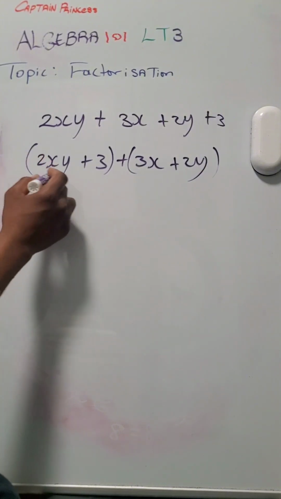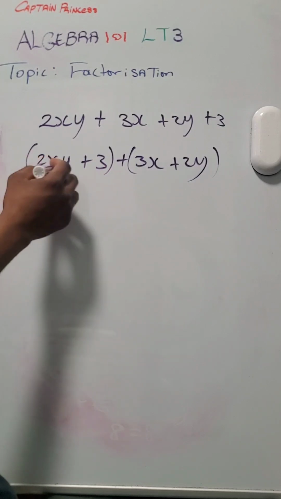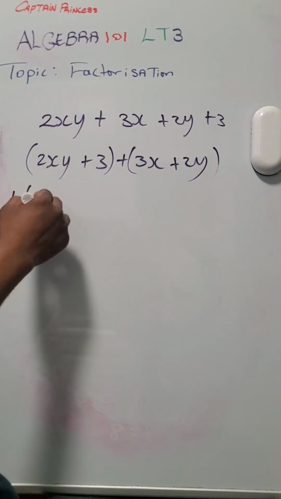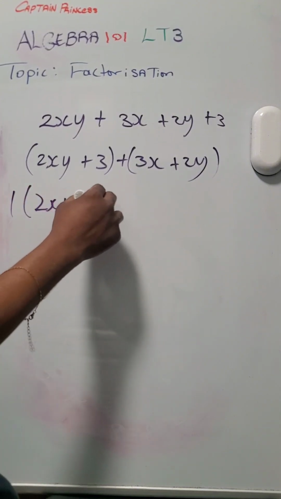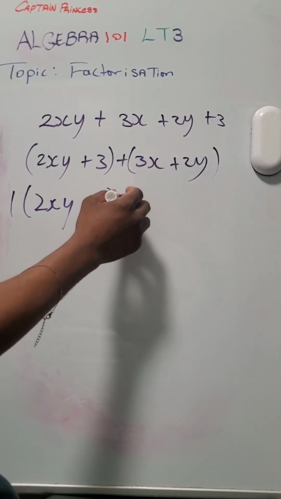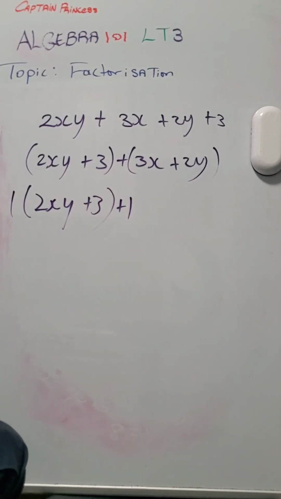What is common to this and this? 1, right? And what is common to this and this? We have 1 again. But the answer will not be the same. So that's why I'm saying be careful how you are rearranging these questions.